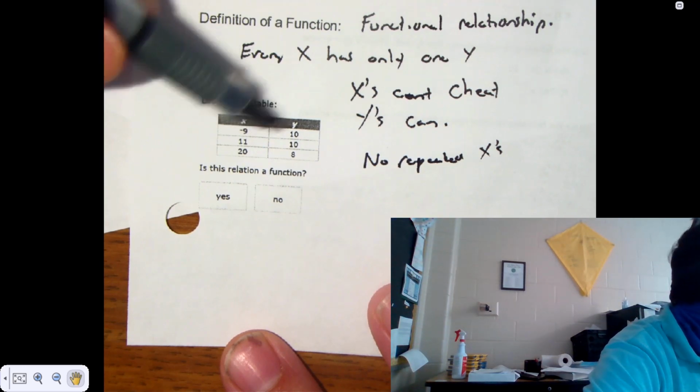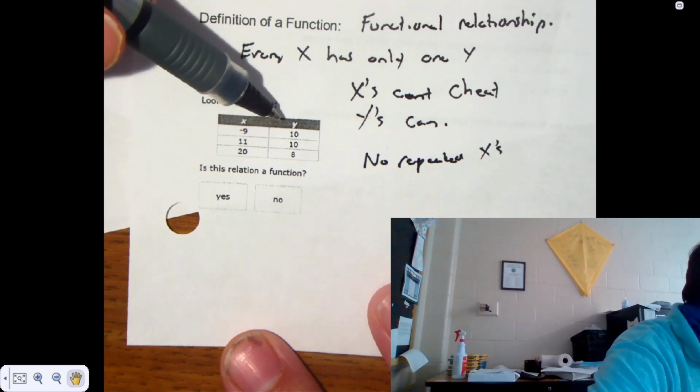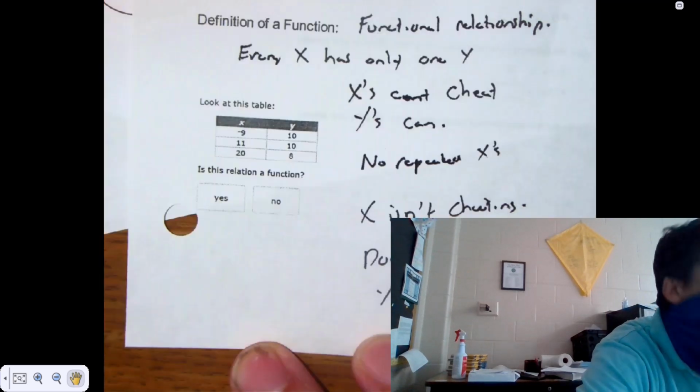Isn't 10 allowed to see whatever it wants? So x isn't cheating, and it doesn't matter if y does. So you click the yes button.